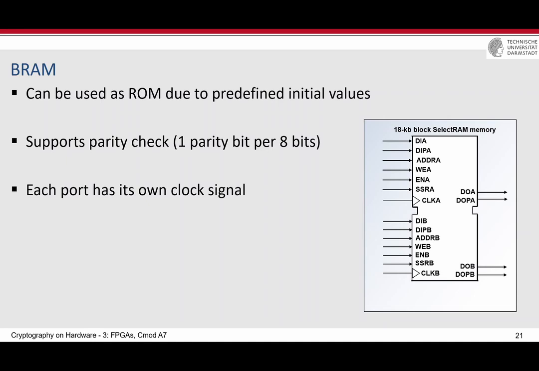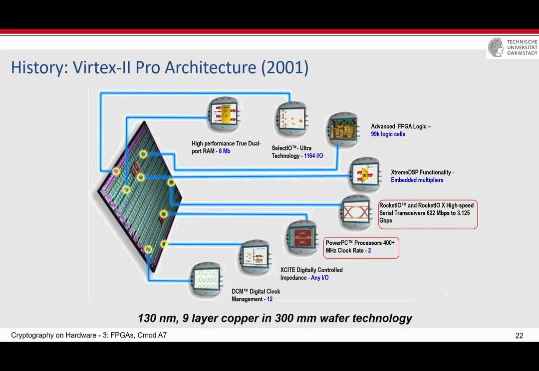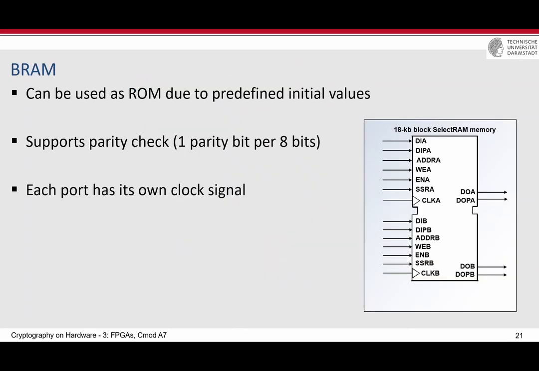What is also important is that each port has its own clock. It means you can read and write completely individually and independently, with their own clock, clock A and clock B, for port A and port B. And it's also configurable. I forgot to tell you that. You can configure how long the value that you want to read and write should be.